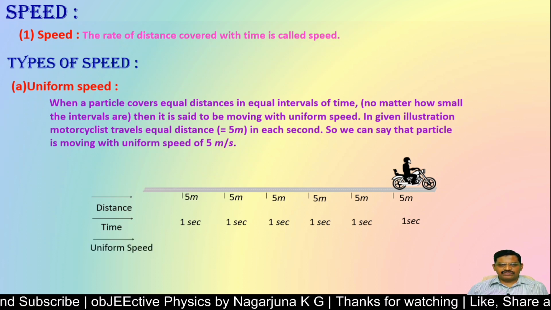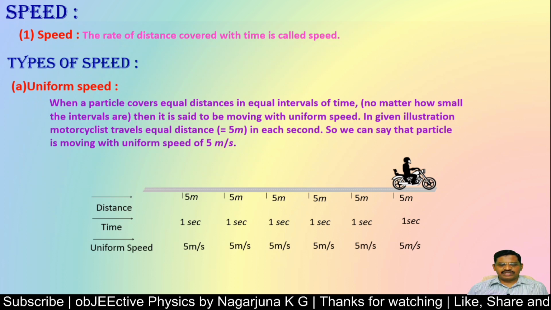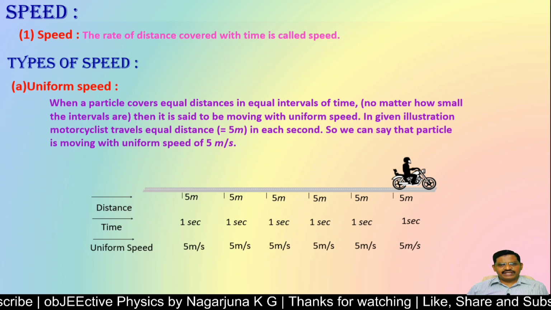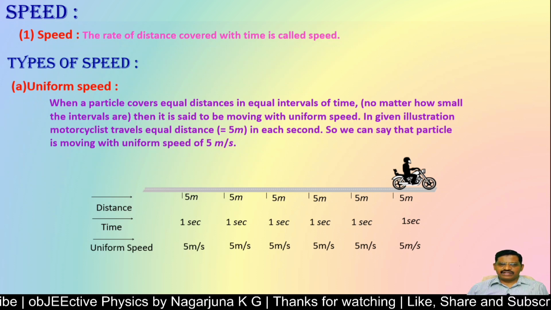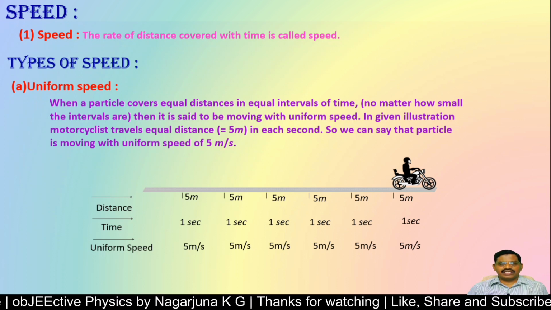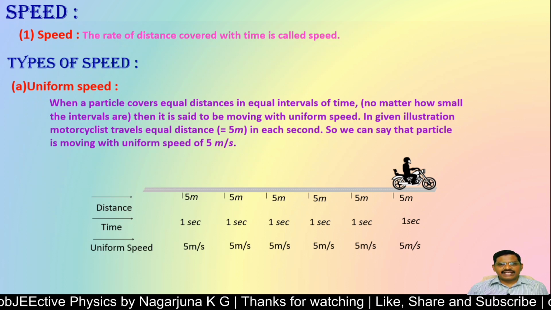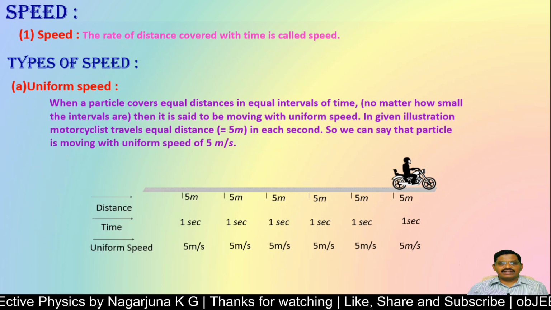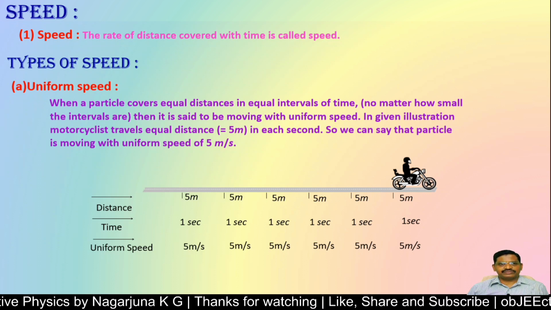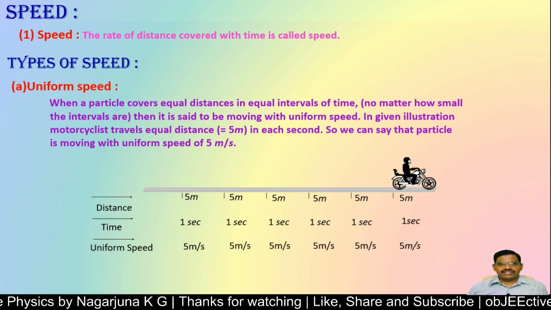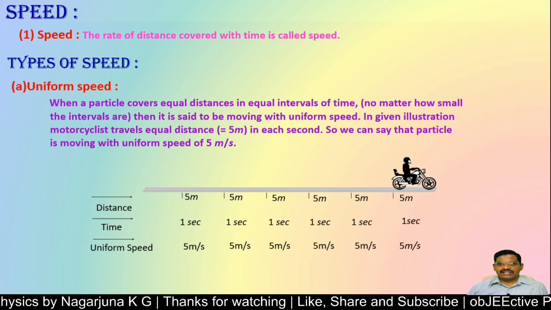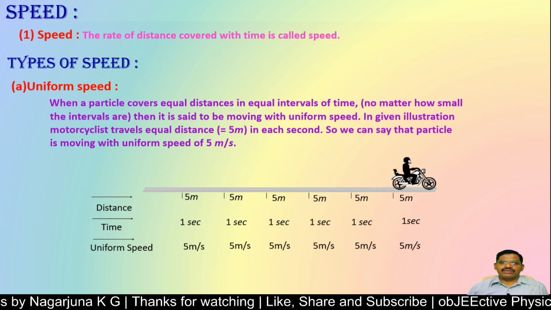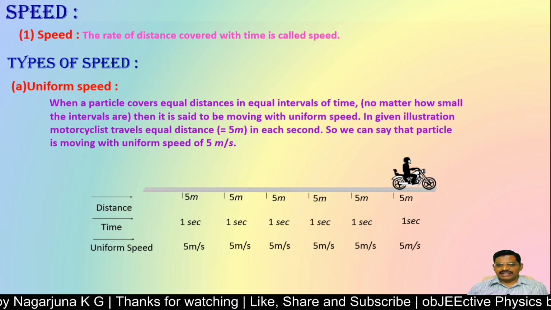So the uniform speed of the motorcyclist becomes 5 meters per second. To cover every 5 meters distance, the motorcyclist takes 1 second. That is the meaning of equal distances travelled in equal intervals of time. When a particle covers equal distances in equal intervals of time, then the particle is said to be moving with uniform speed.